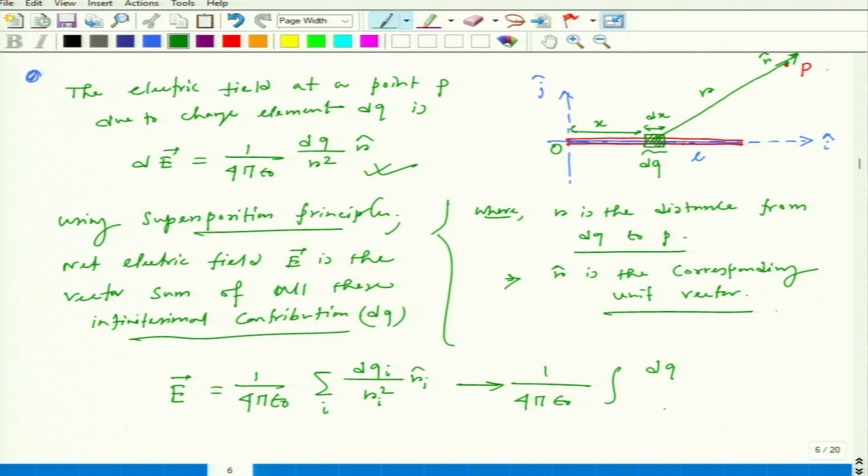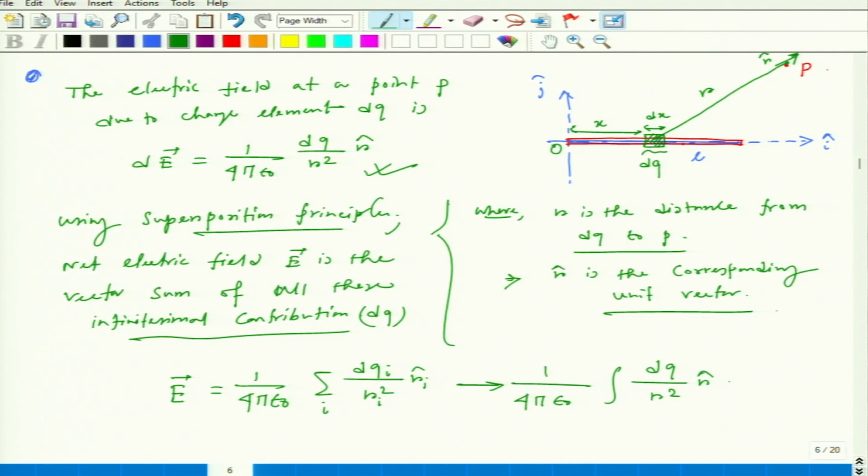So if we split up this entire rod into a large number of infinitesimal elements dq with a charge dq, then we can use an integral instead of a sum, because the sum is converted to an integral. So dq over r squared r cap.